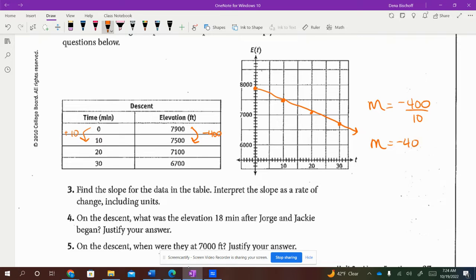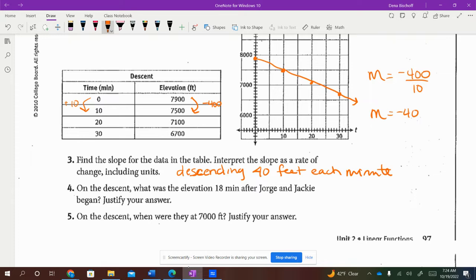So interpret the slope as a rate of change. So it's descending, because this is talking about elevation. So they are descending 40 feet each minute. So those are my units, or 40 feet per minute, descending 40 feet each minute or per minute.